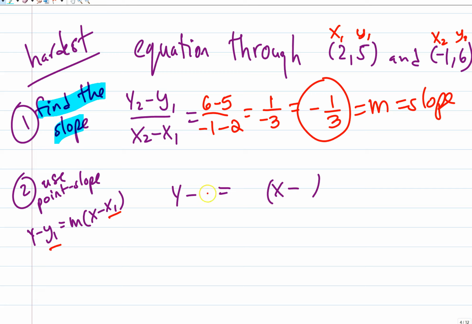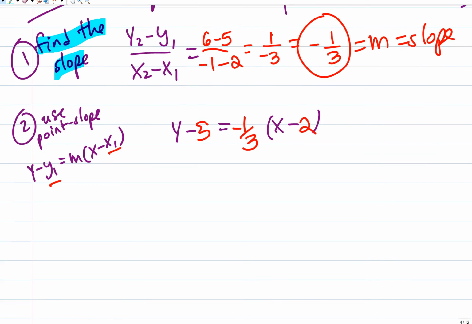Y minus, what's y1? Is equal to, what's the m? X minus, there you go. That is how you would find the equation through those 2 points. What if they ask for the answer in slope-intercept form?